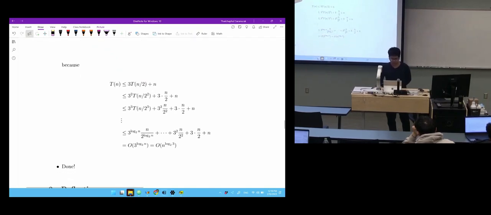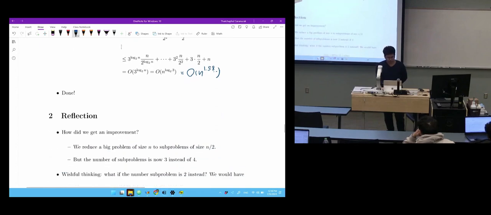Okay. So how to do the expansion and calculation, I let you do it, try to review this at home. But anyway, this is now n to the 1.58 something, which is faster. All right.